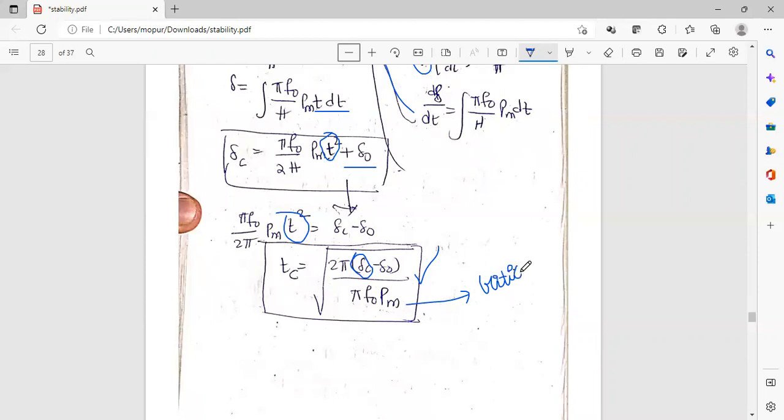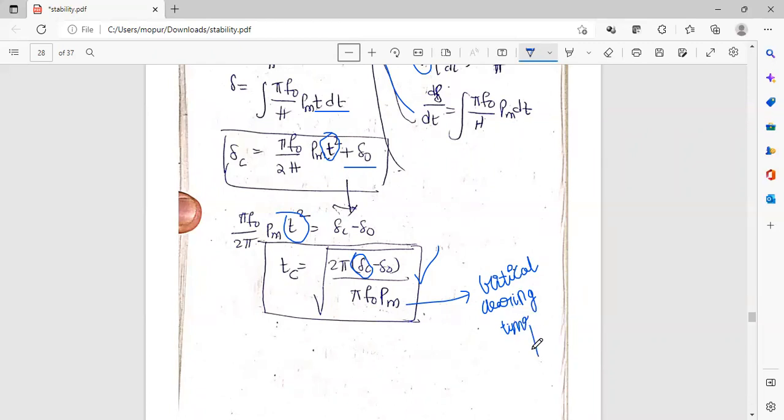Critical clearing time. This critical clearing time formula remains constant for all applications. The same formula you can use for both. Actually, we had only 2 applications.